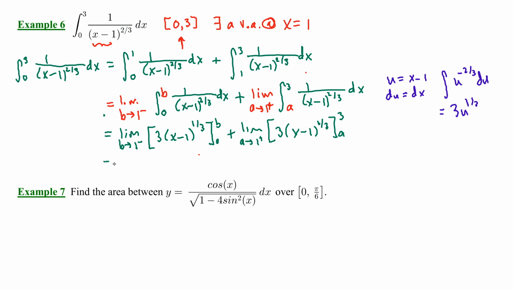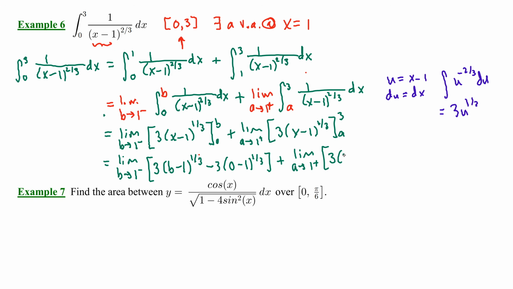Let's plug in our upper and lower limits of integration. So here on the first one, we're going to start by plugging b in for x. There's our upper limit. And then we'll plug 0 in for x. We'll apply that same process to our second expression.